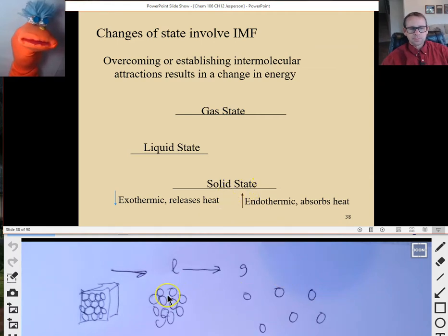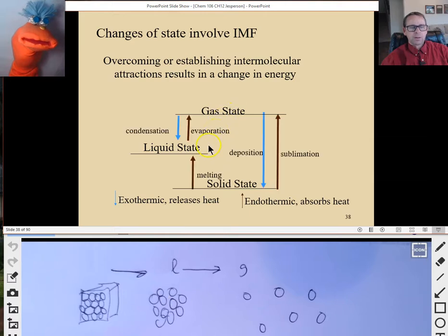Now, when liquid goes to gas, right, evaporation, that is an endothermic process. It requires heat energy for liquid to go to gas.